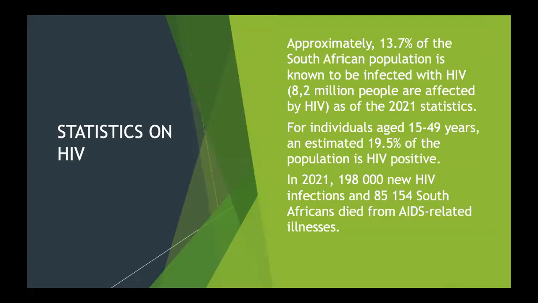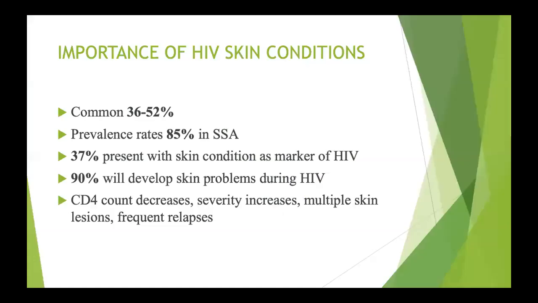For individuals between 15 and 49 years, an estimated 19.5% of the population is HIV positive. In 2021, again, 198,000 new HIV infections were recorded in South Africa. And of those, 85,154 died or succumbed due to AIDS-related illnesses.